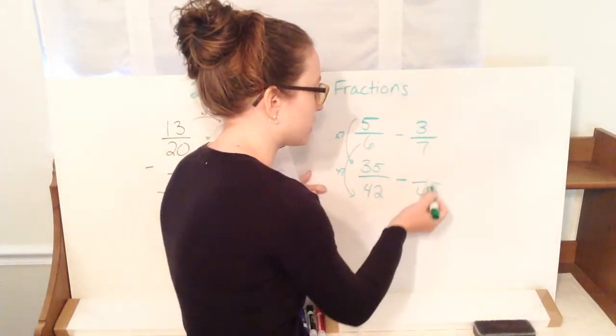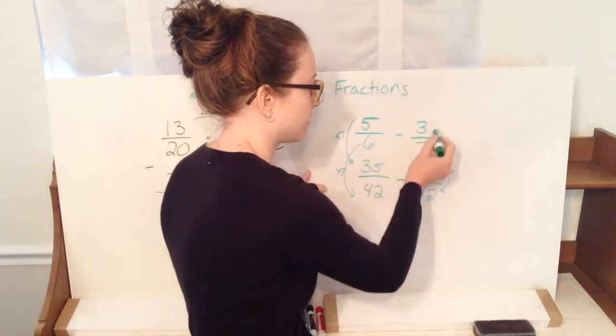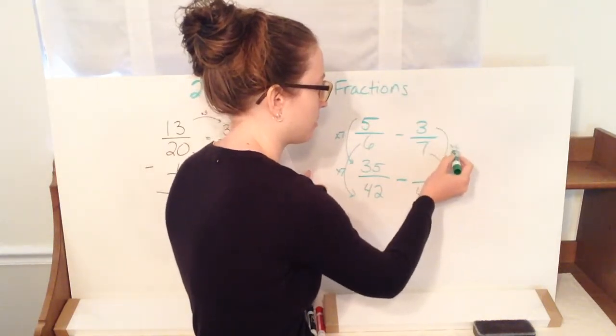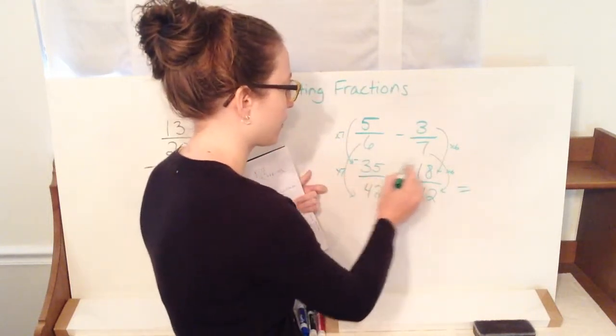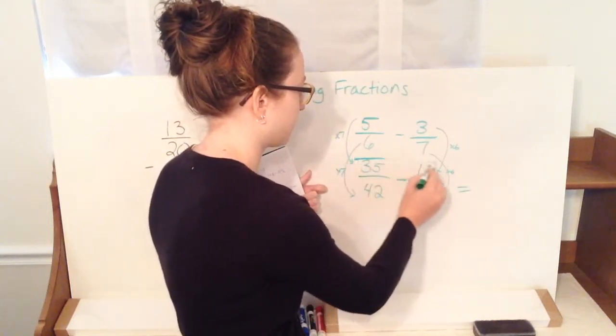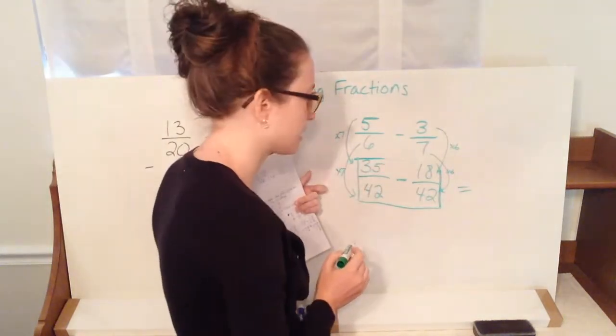From 7 to 42, I multiply by 6. So I do the same on the top. 3 times 6 is 18. So we now have 35/42 minus 18/42.